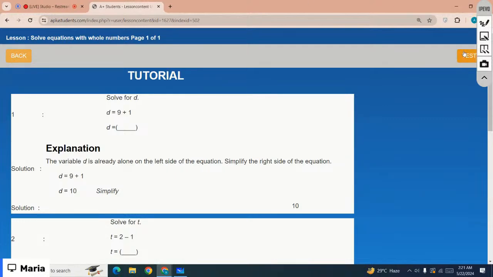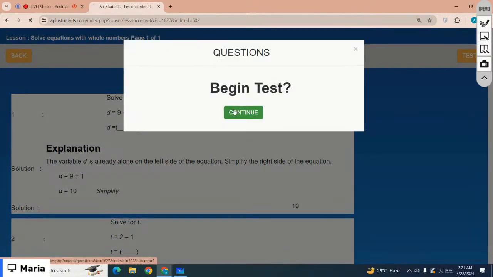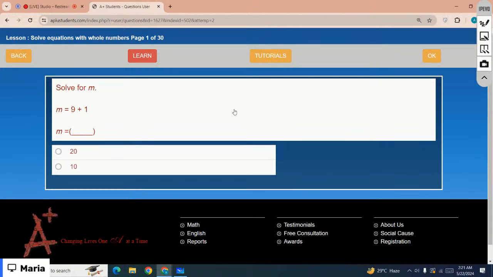Let's just start with the test questions. Okay, solve for m. m equals 9 plus 1. So which is the correct option?